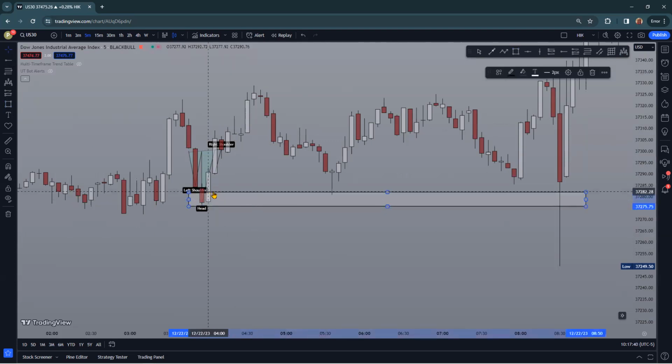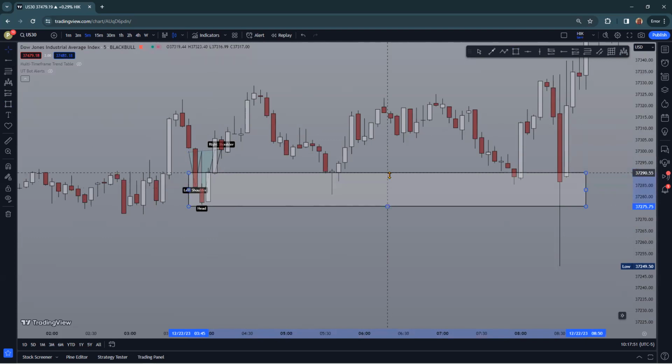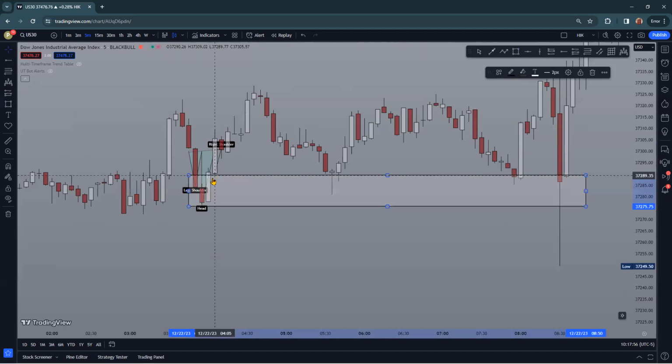And if you miss entering the trade right here on the right shoulder, actually, I'm going to bring this down a little bit to the right shoulder. If you didn't get into a trade right here, you wait for the retouch. And this is the retouch on the top of the right shoulder, and you enter the trade for a 1 to 3.